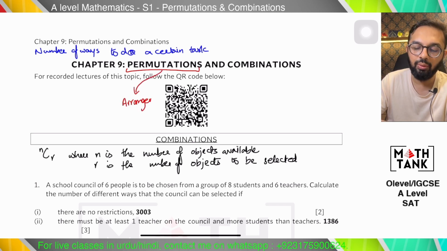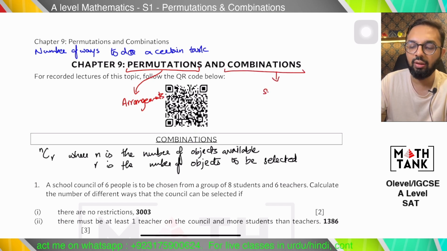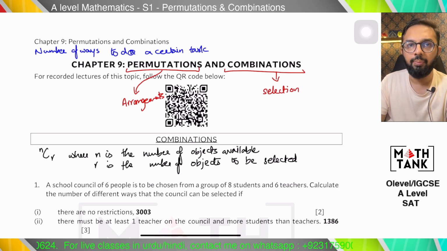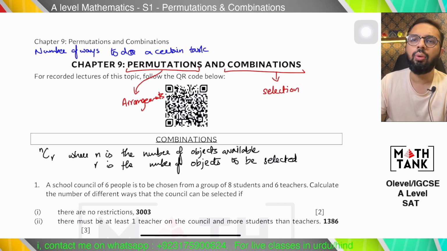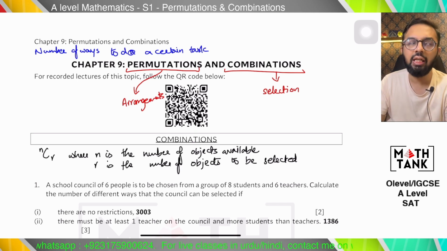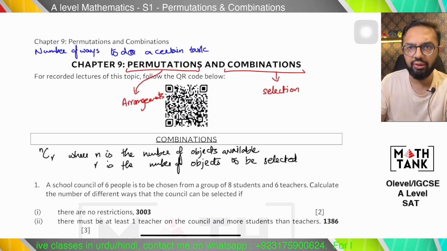Right now, what we are talking about is combinations, which refer to just selection. So in the previous example, you were selecting one shirt out of four, and one trouser out of three. You weren't arranging the trousers or the shirts, you were just selecting out of them. So that is a case of combinations.